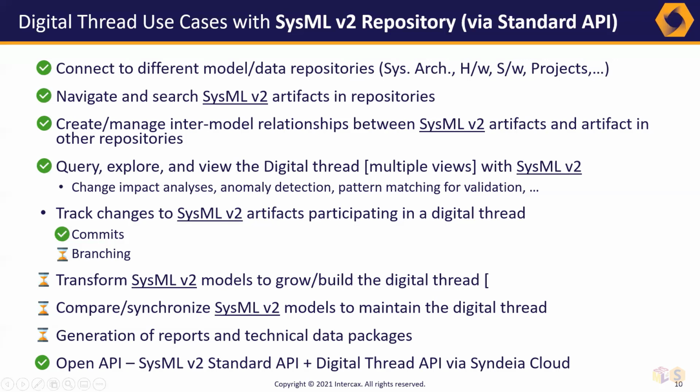So you can use the standard SysML v2 API to explore the SysML v2 model, and then you can also use the digital thread API that Syndeia provides to navigate across the SysML v2 model into other relationships. Now, the SysML v2 standard API does provide a provision for an external relationship, which is what we're trying to implement now. That's a more standard solution to managing the intermodel relations in SysML v2. Next time we'll come around to you with some good test cases to demonstrate that.